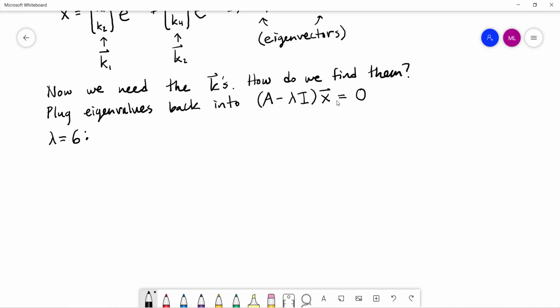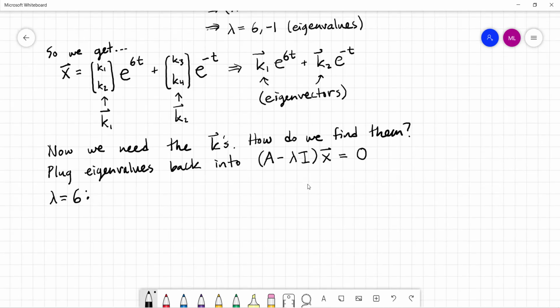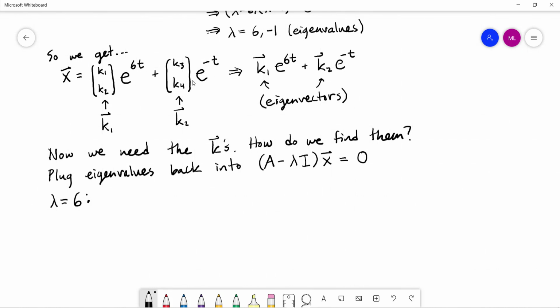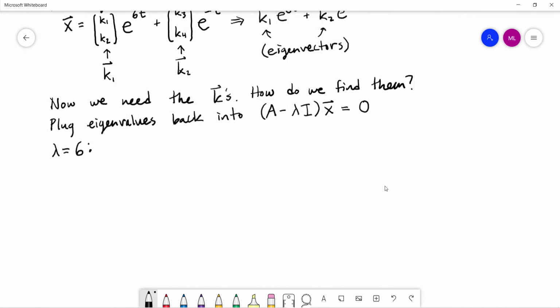This is the form of our equation. We know that x takes this general form, but we need the specific vectors sitting in front of these that are going to make that work. So let's just see how this pans out when we do lambda equals 6. So I'm plugging that into here. The original A, you'll recall, had a 2, a 3, a 4, and a 3. And all I need to do is subtract lambda along the diagonal.